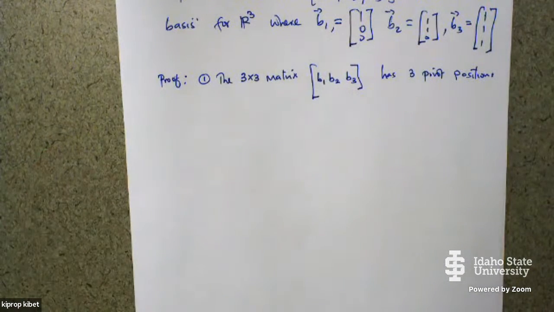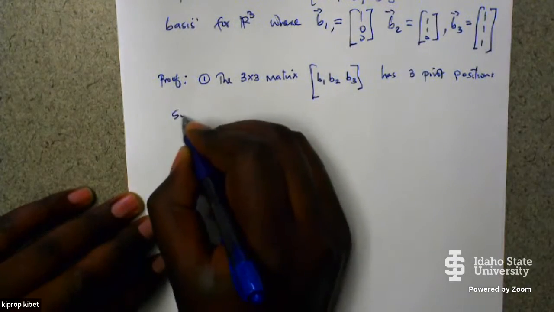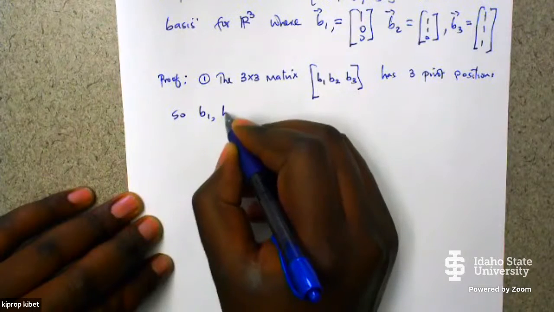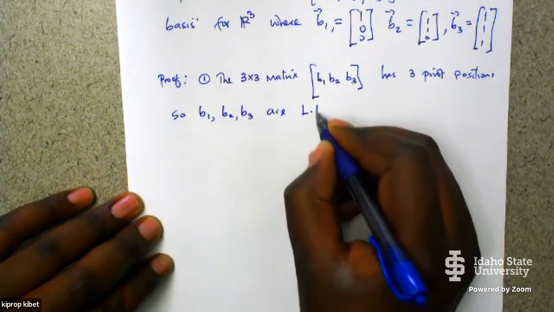If you put this in matrix form, we have the pivot position here, and the last one here. So it has 3 pivot positions, so B1, B2, and B3 are linearly independent.